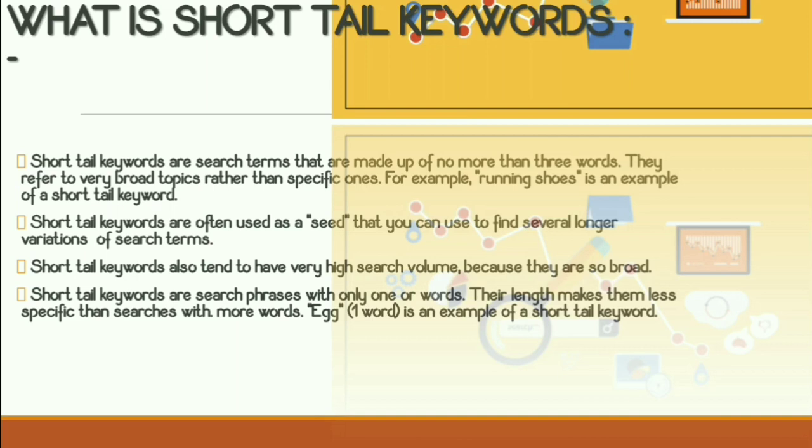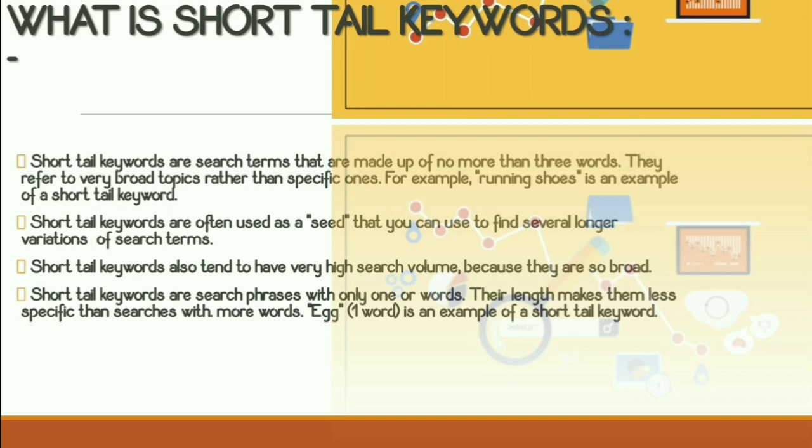Like in the long tail keyword, I was very specific with the color, I was very specific with the lace. In this case, there is nothing more precise. You can see the example given of running shoes, meaning you get varieties of results for this. So short tail keywords are often used as a seed that you can use to find several longer variations of search terms. Short tail keywords also tend to have very high search volume because they are so broad.